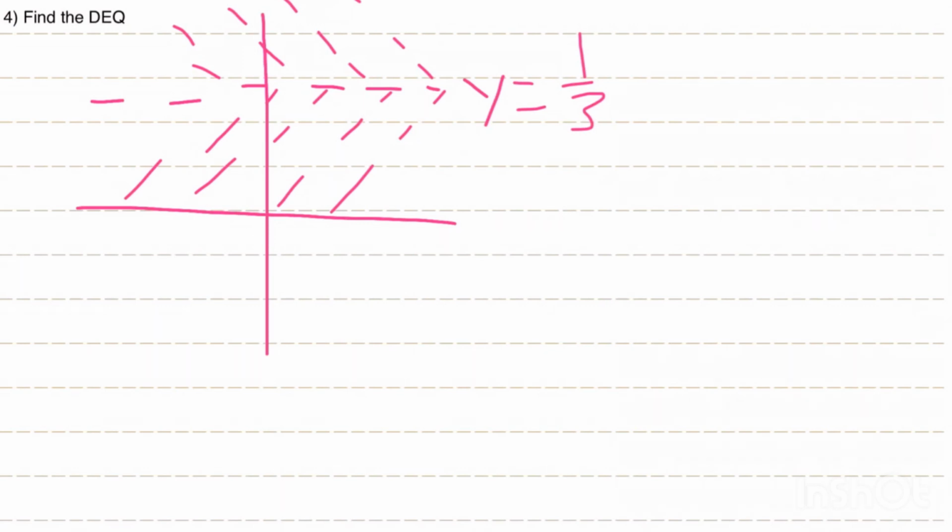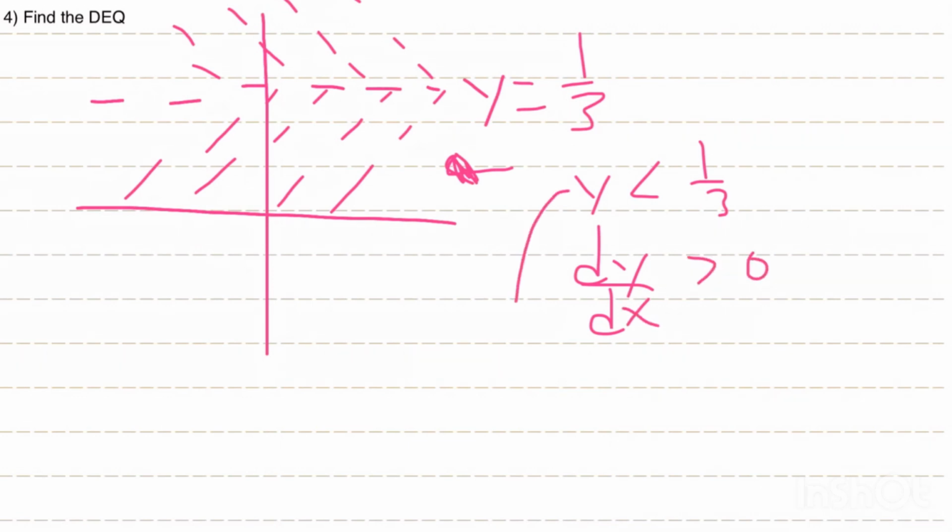So here we're just given the slope field. If you notice, the solutions are all pointing towards 1/3, so we can say it's converging to 1/3. But more importantly, below 1/3, so when y is less than 1/3, over here, that's supposed to be an arrow, these solutions are all positive. So we say dy/dx is greater than 0.